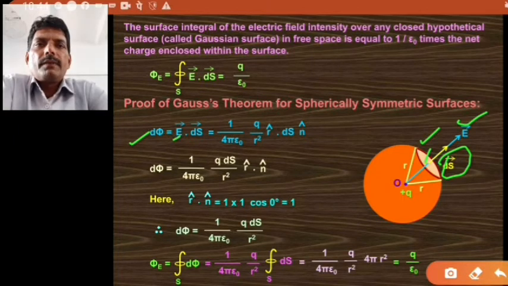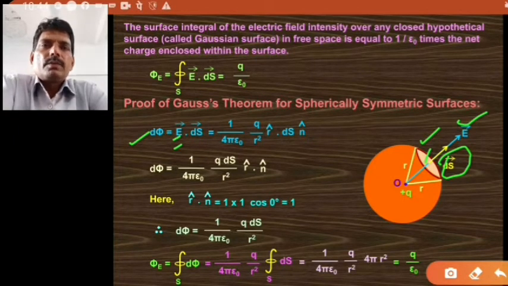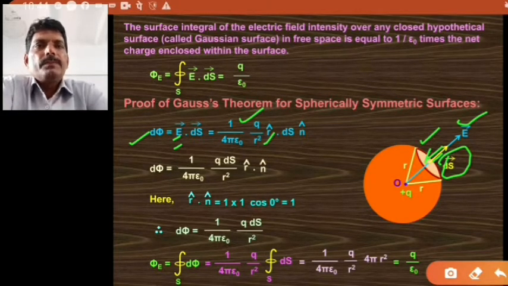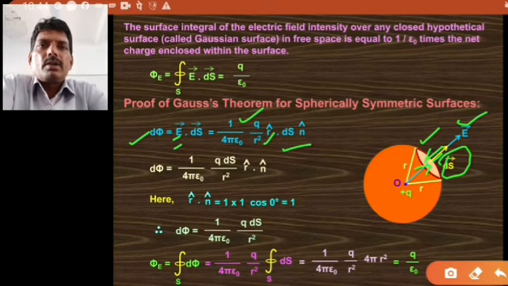So putting the value of electric field by using Coulomb's law on this small surface, we can write 1 upon 4 pi epsilon naught q upon r square r cap, where r cap is a unit vector in the same direction as the radius. And ds dot n cap, where ds is the magnitude of the area element and n cap is a unit vector perpendicular to the area.